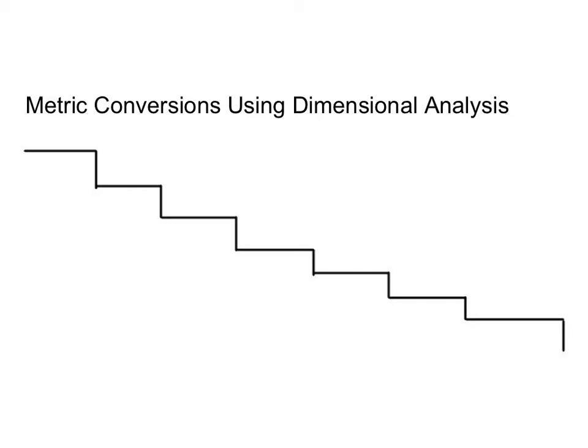I generally would like to start with something that we call the base unit. And the base unit can be 1 meter, or 1 gram, or 1 liter, or 1 second. It can be a lot of other things, but those are the ones that are most common, at least for our class.